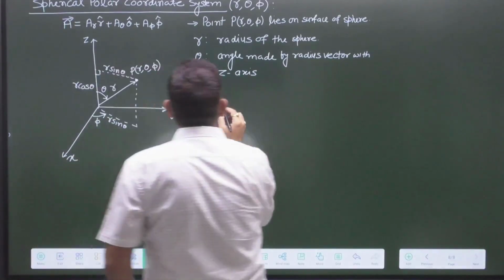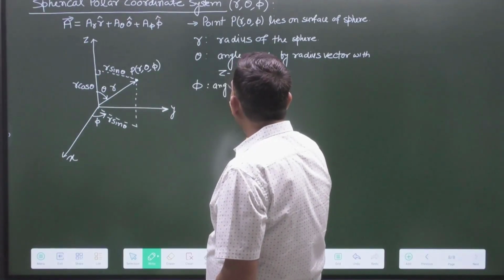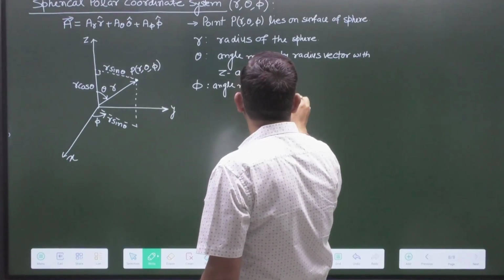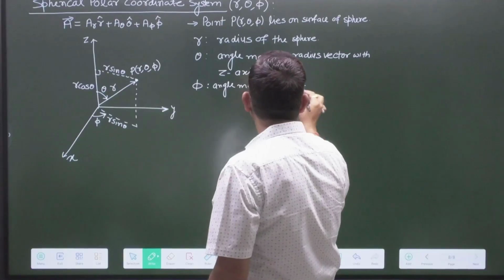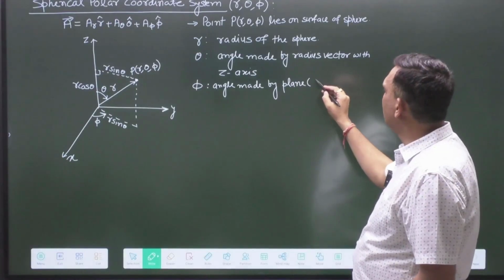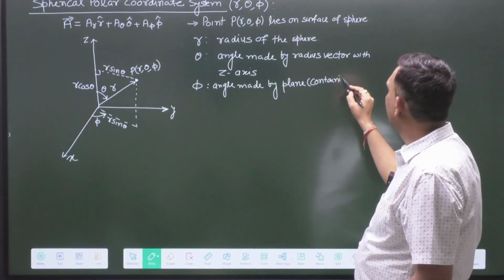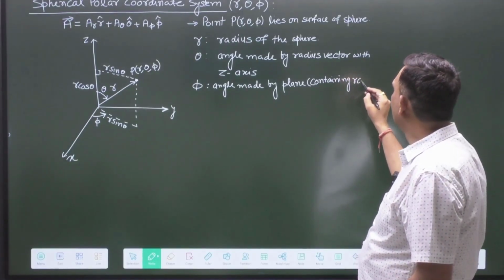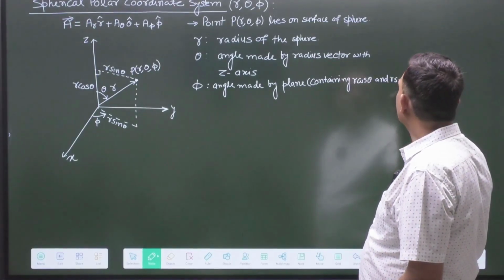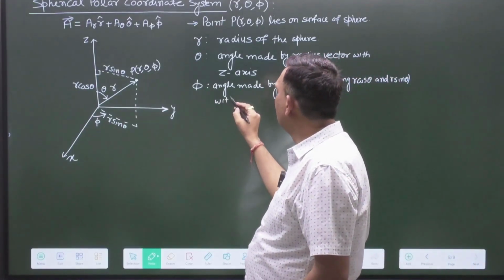So what is phi? Phi is the angle made by the plane, which plane, the plane containing r cos theta and r sin theta, with the x-axis.